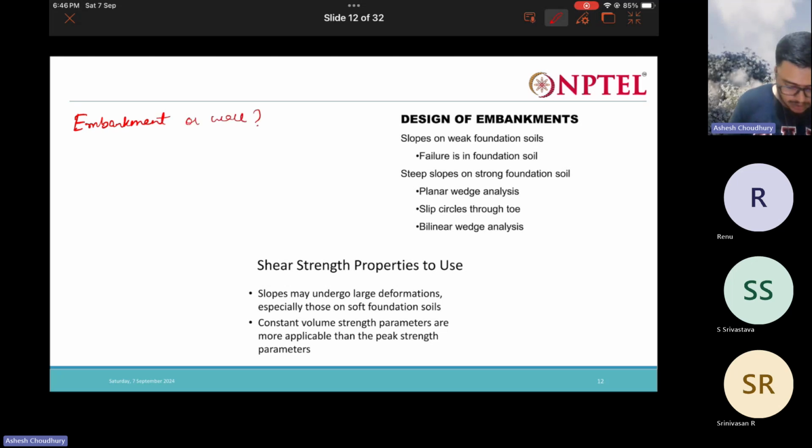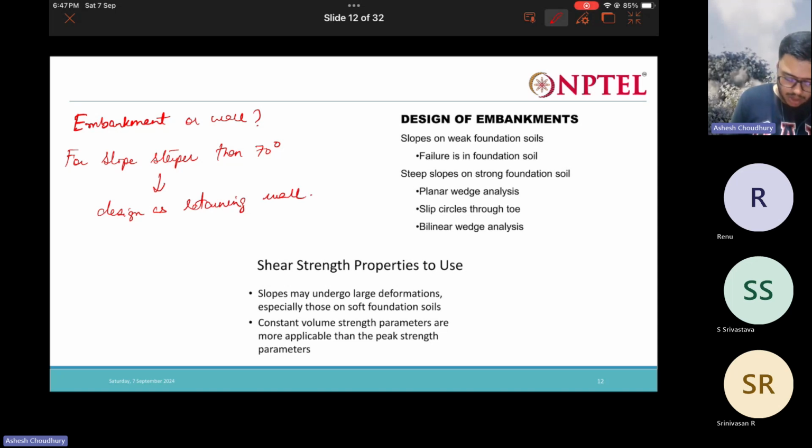So for slopes steeper than 70 degree, we design as a reinforced wall, and for slopes shallower than 70 degree, as reinforced slopes.